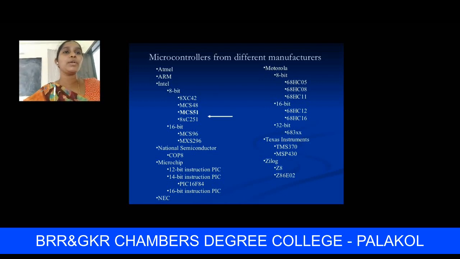TMS 370, MSP 430, and Zilog Z8, Z86E02. So these are some of the microcontrollers from different manufacturers. Different manufacturers can develop microcontrollers in different ways. But the microprocessor is only for special purpose microcontrollers.